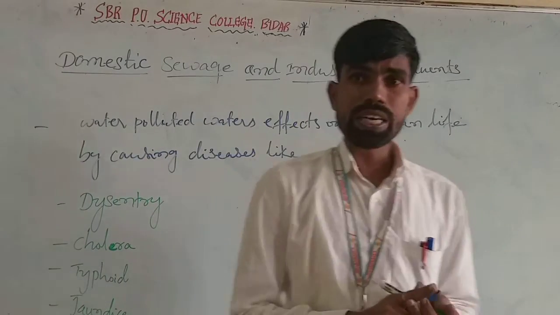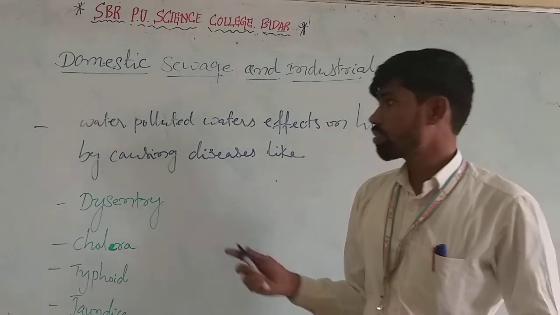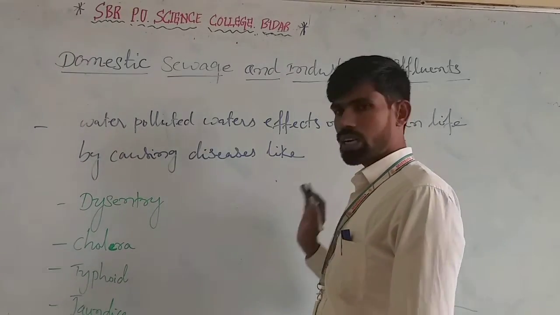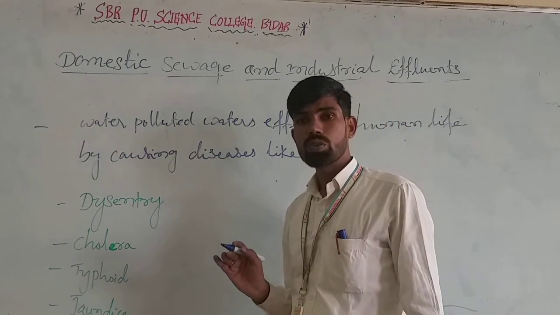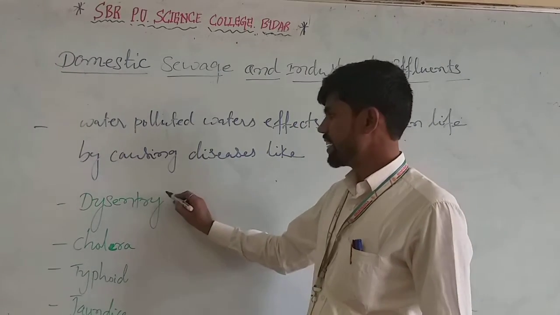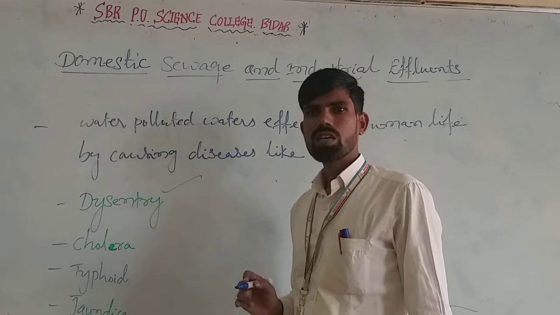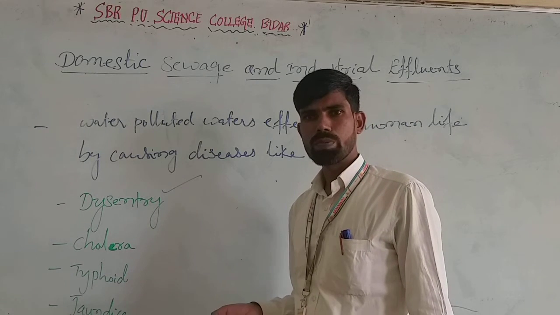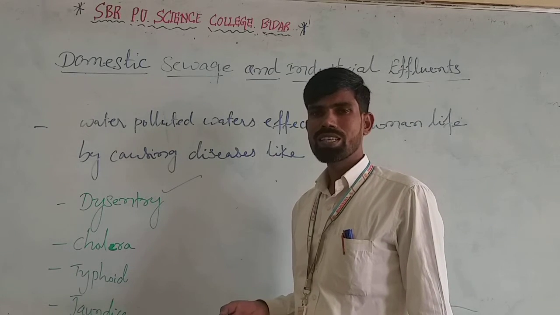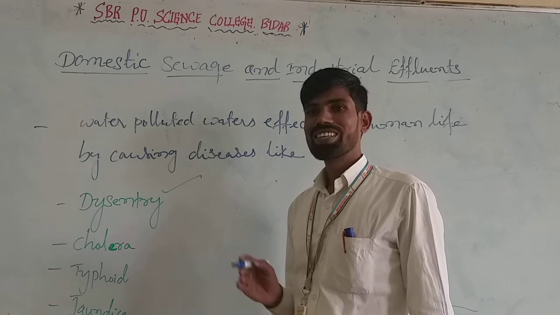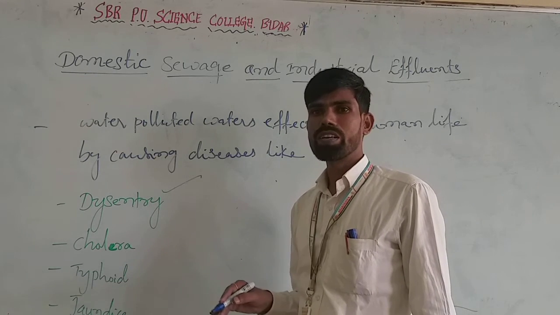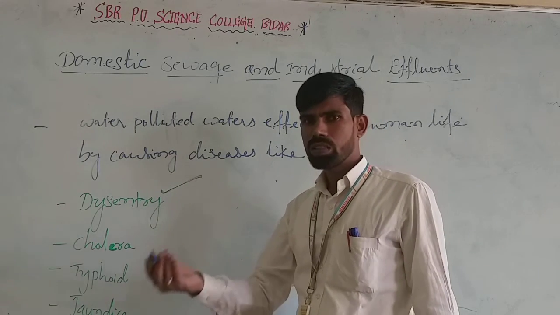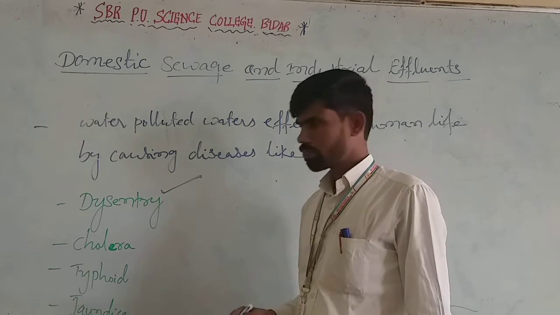Consuming contaminated water, and sewage water is also contaminated water, what happens? Dysentery means loose motion. Frequent loose motion takes place, which reduces the water level in the body. If it takes place seriously, even death can happen.